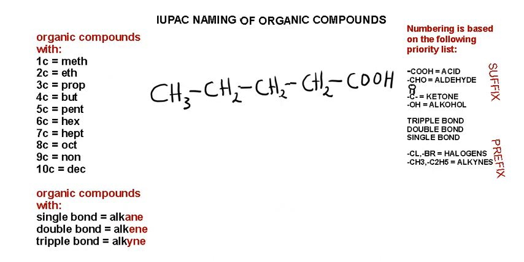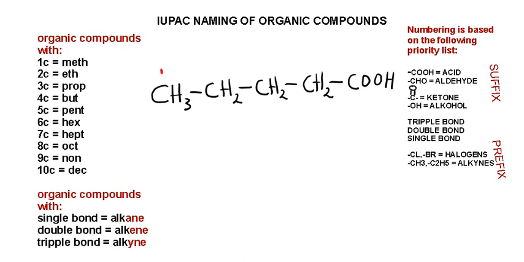Okay, let's look at this. We are going to number it: 1, 2, 3, 4, 5. Also in the backward direction: 1, 2, 3, 4, 5. Therefore, we have 5 carbons, which is called pent.